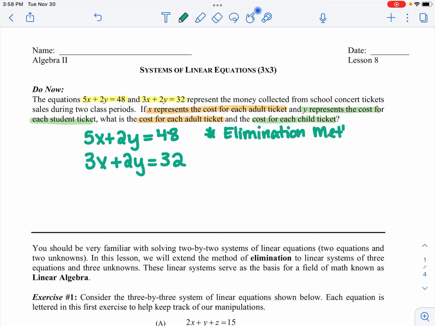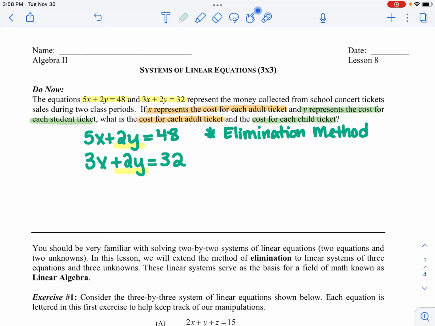The goal is to eliminate one of our variables so that we can solve for the remaining variable. The way we do that is to add straight down between our two equations vertically, which means one of the variables needs to have opposite coefficients.